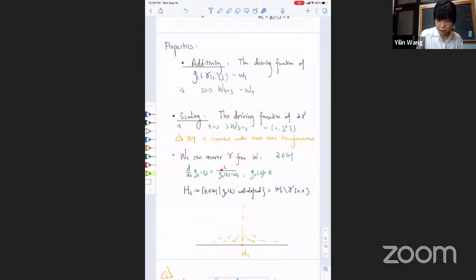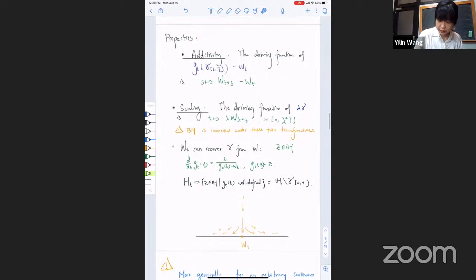So this is a vector field which will depend on where W_t is. And I just write down this vector field, how it looks. It has a singularity around W_t. And the vector field is pushing away from W_t.